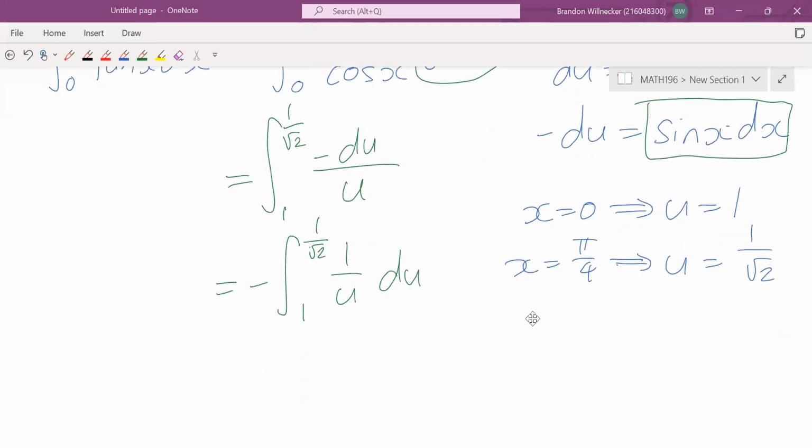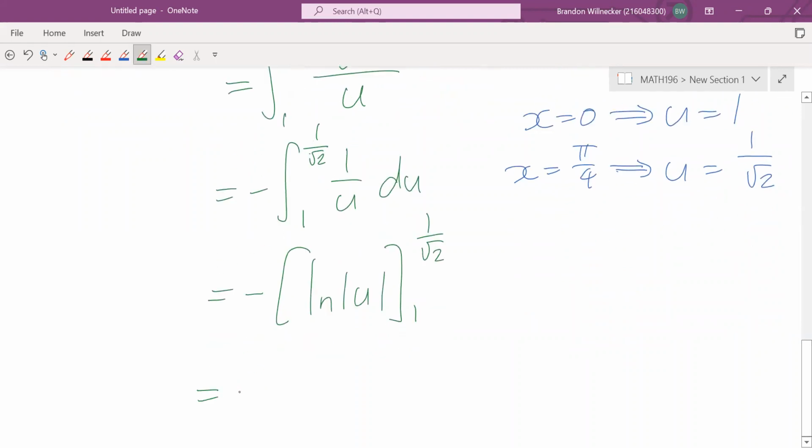But the integral of 1 over u is just the natural log. So we end up with minus the natural log of u from 1 to 1 over root 2. So we're going to have minus the natural log of 1 over root 2 minus the natural log of 1.